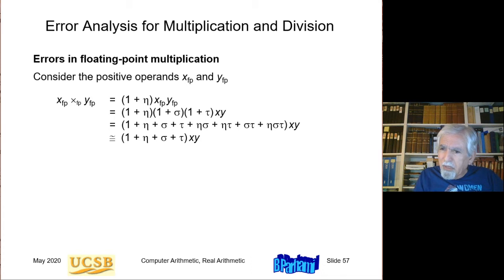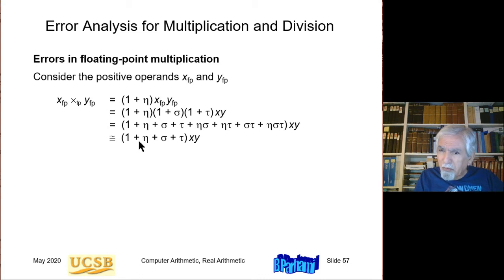So errors basically can amplify in the course of computation. We started with each operand having some error, sigma, tau, and then the product has this error. Notice, however, that these errors can be positive or negative. So sometimes errors cancel out. But in the worst case, they're all in the same direction.